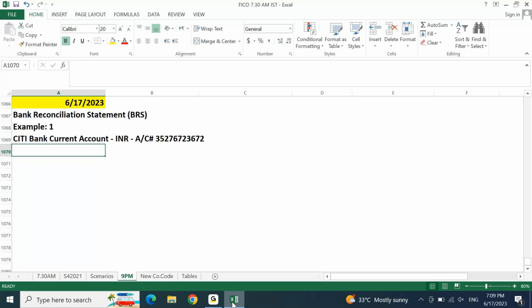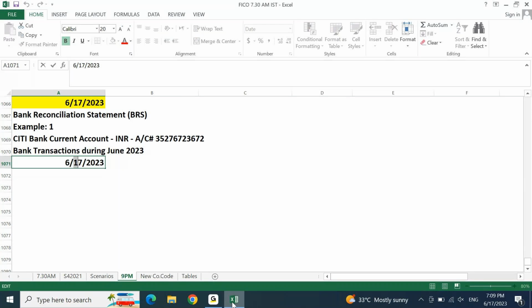Let me take bank transactions during June 2023. Let's assume the bank transactions that took place in the current month, which is June 2023. I'll take the dates. On 1st June, I am taking opening balance.